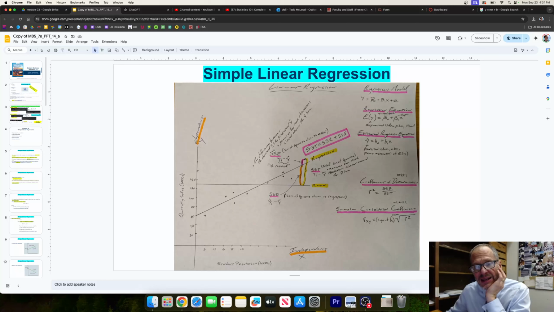And then understanding, and this is hugely important, the relationship between SST, SSR, and SSE, and just visually being able to see it here. It's the distance from a point to the regression line. That's SSE, and it's represented by yi minus y hat. The line is y hat.